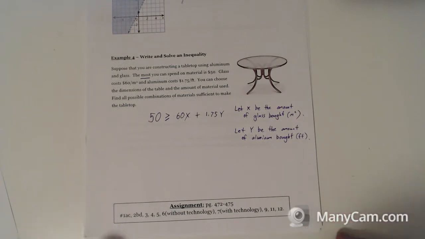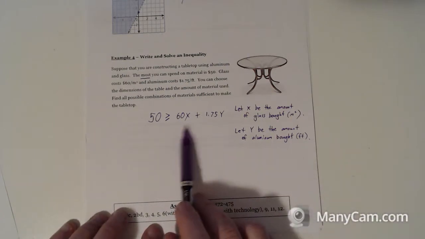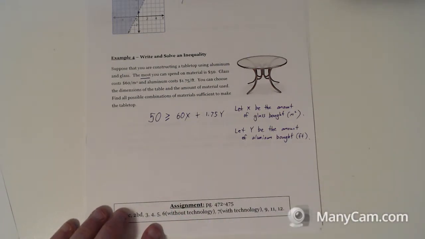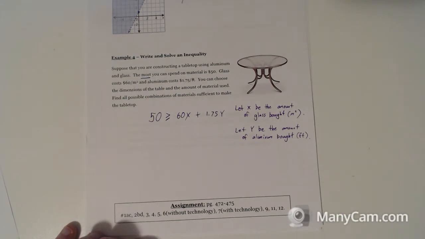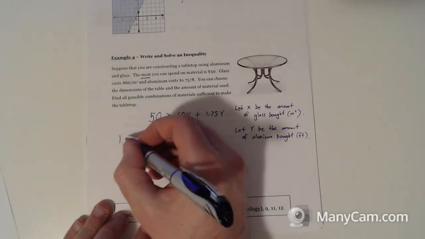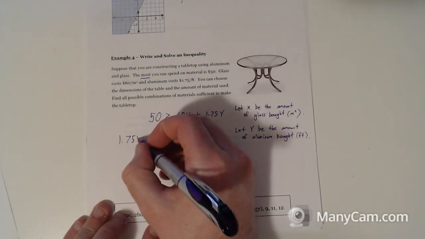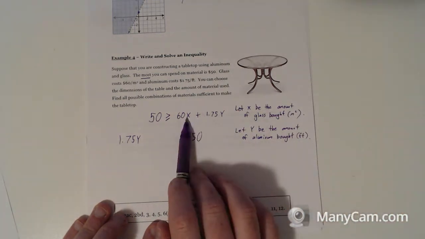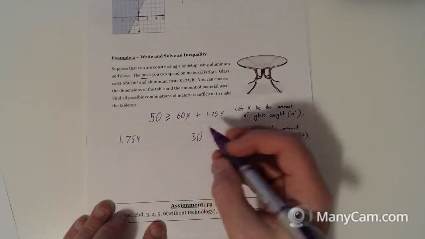I'm trying to think if we have to go any further for that. You can choose the dimensions, find all possible combinations. So any X and Y that actually fill in this. What would this look like graphically? That would be the additional thing we'd want to see. So you would want to rearrange for the Y in that case. So we'd say $1.75Y. 50 stays on the opposite side, and the 60 is going to move across by subtracting it.